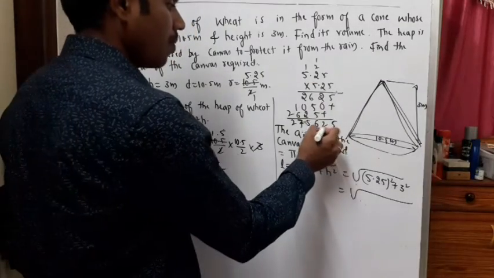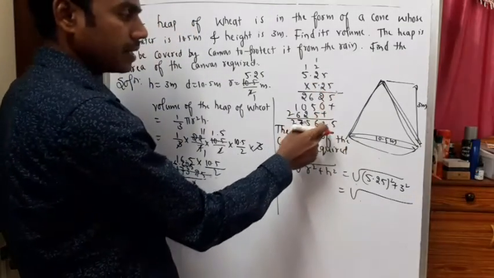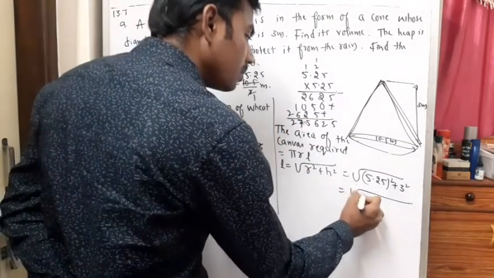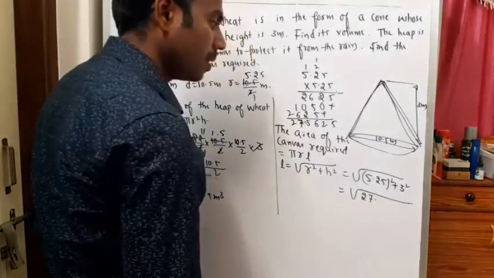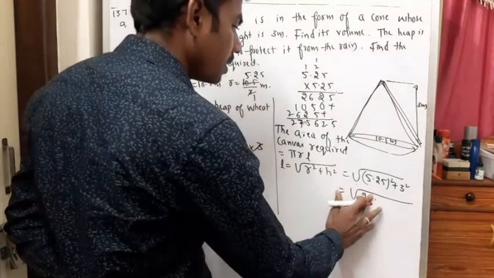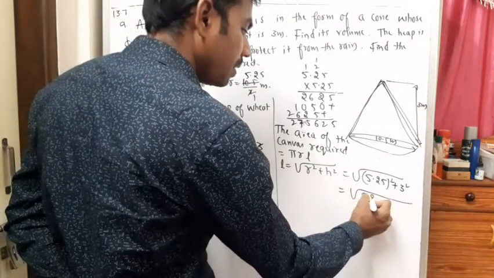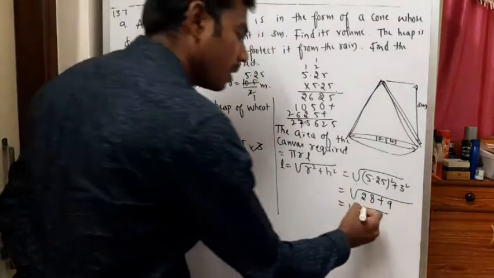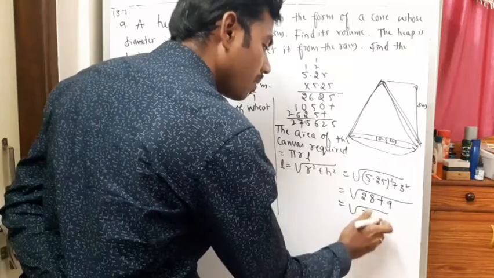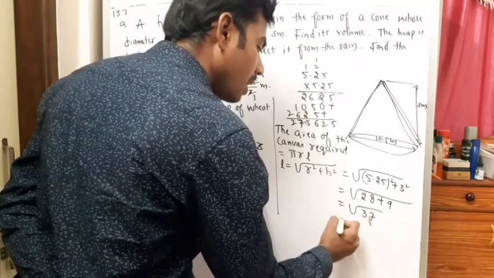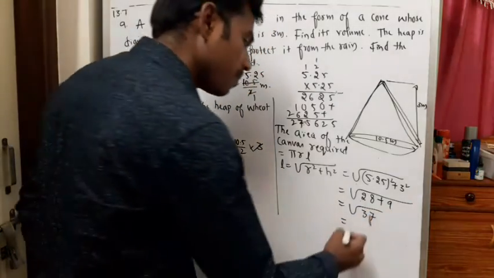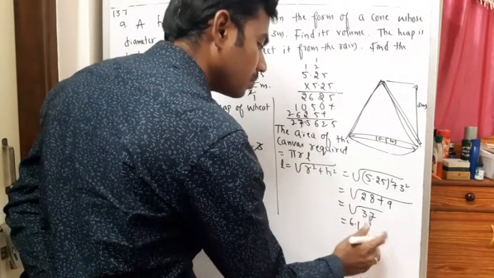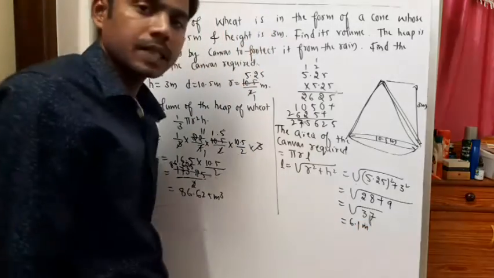So 4 digits after decimal, that is 27.5625. 27.56, instead of that I can write it as 28 plus 9, which is nothing but 37, which is nearly equal to 6.1 meter. Okay, 6.1.